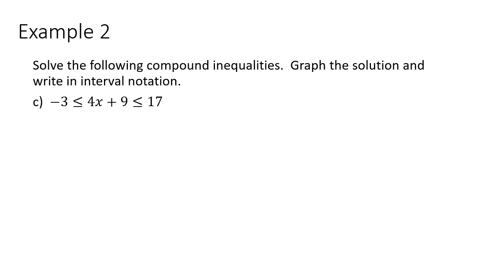Now let's talk a bit about special notation. For "and" compound inequalities in particular, there's special notation you can write it in that basically leaves your variable sandwiched between two other values. So for example, back in part A of example 1, we had x greater than 1 and x less than 30.